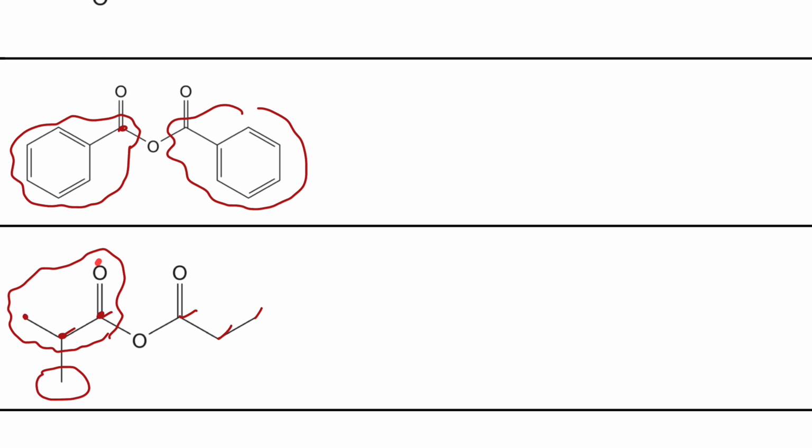Here the name is methyl propanoic and this is just propanoic. Alphabetical order we have to follow. Therefore, that is 2-methyl propanoic. Another one is just propanoic anhydride.